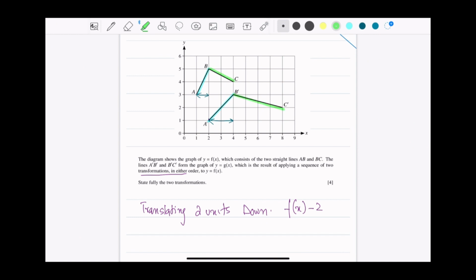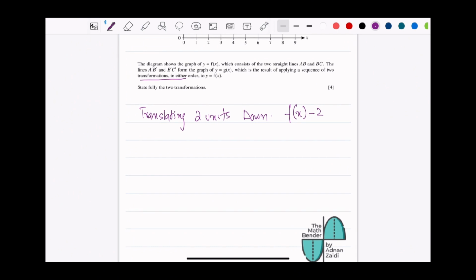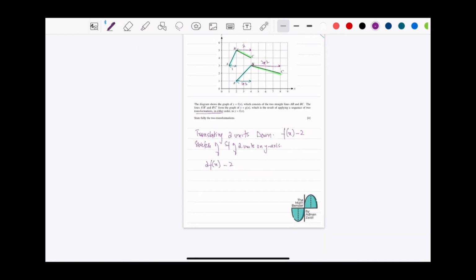So now I can see 2 units, and if I multiply it with 2 I get 4 units. So this was 1 times 2 and this was 2 times 2, which means it is a stretch. So now we've got our second transformation. So stretch of scale factor of 2 units on y-axis. You want to write that down? So 2 times f of x minus 2. This is how you do it.